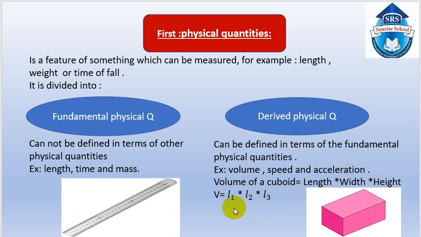Length is considered L, while width is considered a length L, and height a length L. So the volume is considered a derived quantity because the volume is defined in terms of lengths of the body's dimensions. This means volume is derived from length.